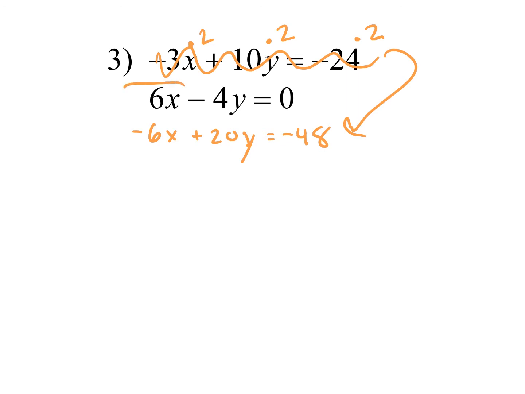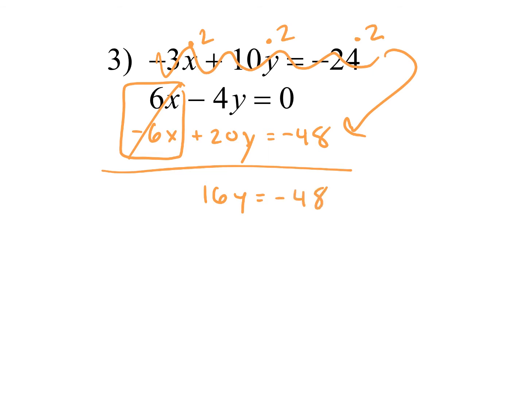Will my x's cancel out now? Yep, so I can go ahead and add everything together because those cancel. So it's negative 4y plus 20y. 16y equals negative 48. Then what should I do? Divide by 16. What's negative 48 divided by 16? Negative 3. Awesome. So y is negative 3.